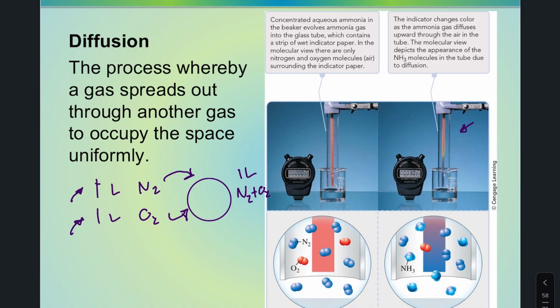However, nitrogen is not basic, and oxygen is not basic in the water, so it's not going to change the pH paper. But over time, the amount of NH3, the ammonia that is present in the water, is going to go up and into this container. It's going to diffuse in there without changing the volume of the container.